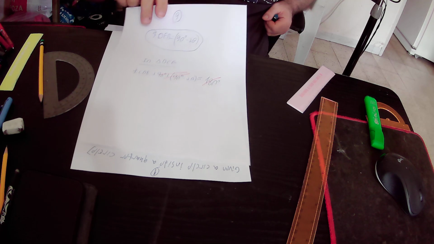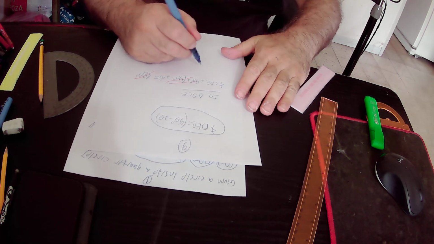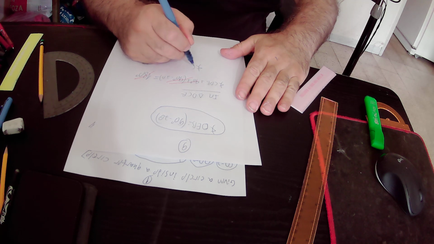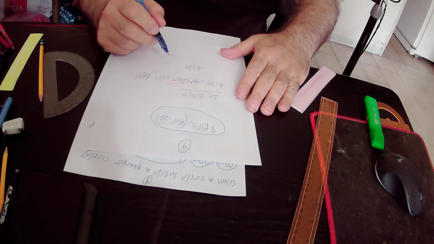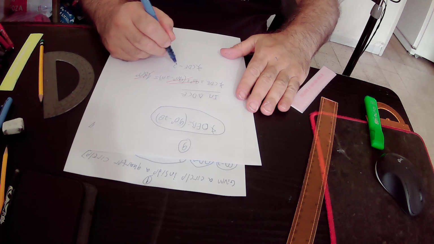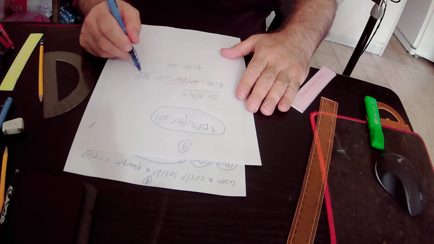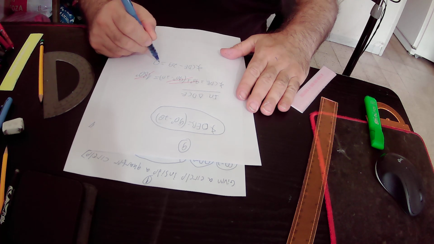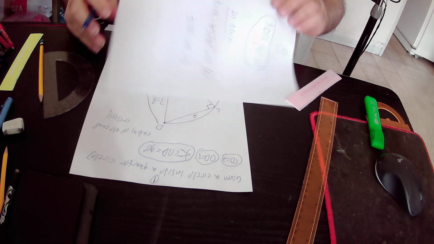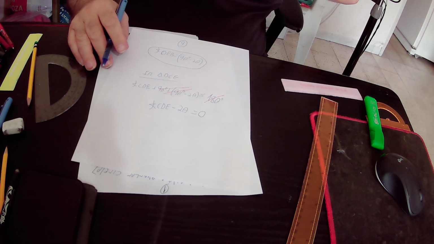What is left is angle CDE minus 2 theta equals 0.